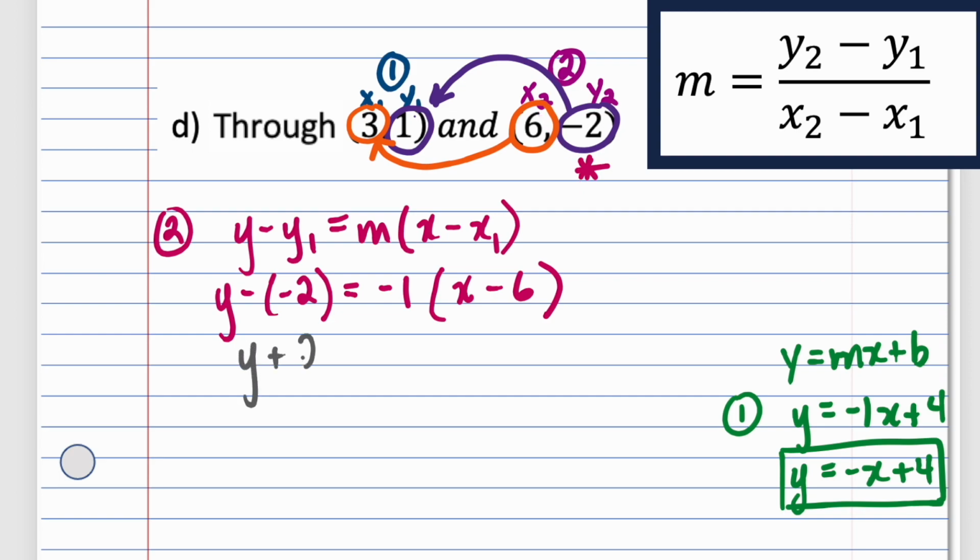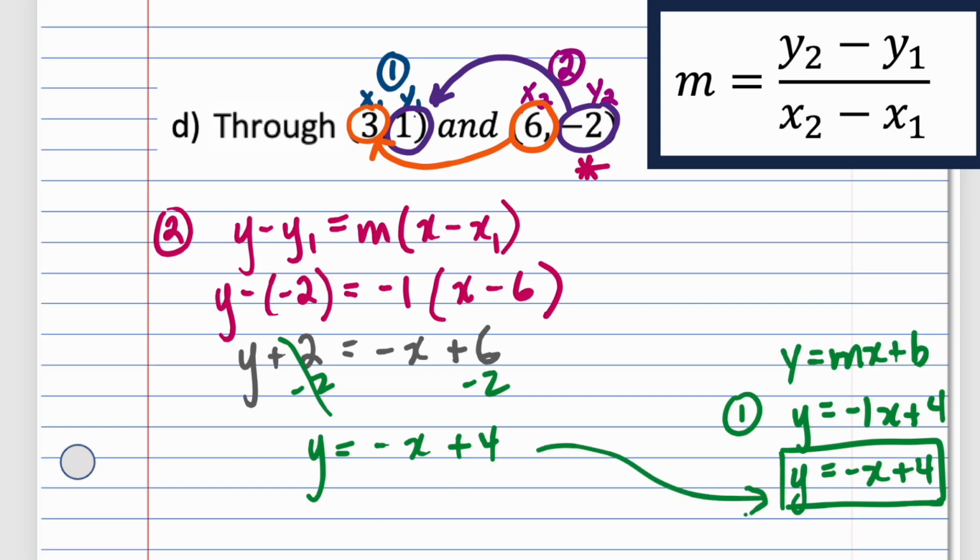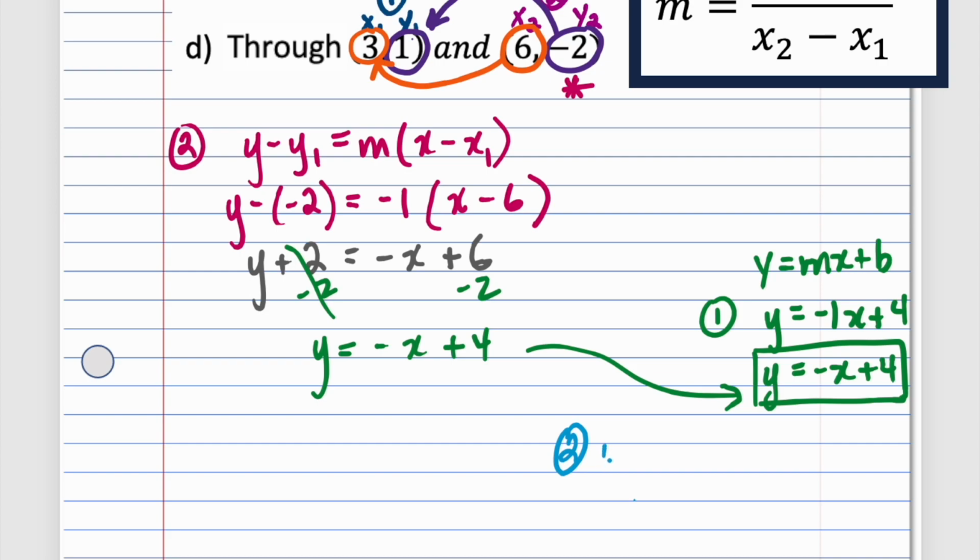Y plus 2 is equal to -x plus 6. We'll subtract 2 both sides. Y is equal to -x plus 4. Same result.